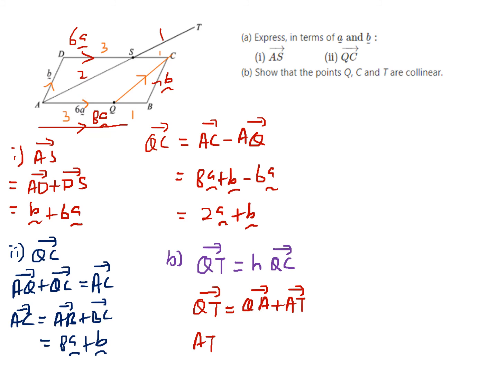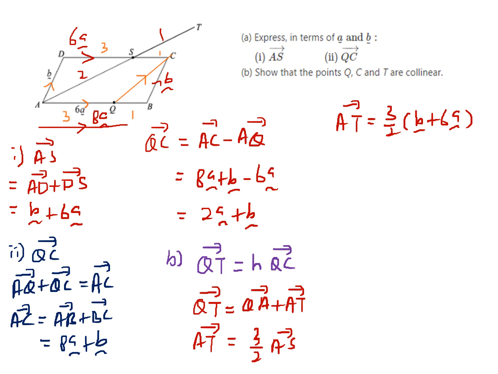Vector AT is equal to 3 over 2 vector AS. So we get vector AT equals 3 over 2 of vector B plus 6 vector A.